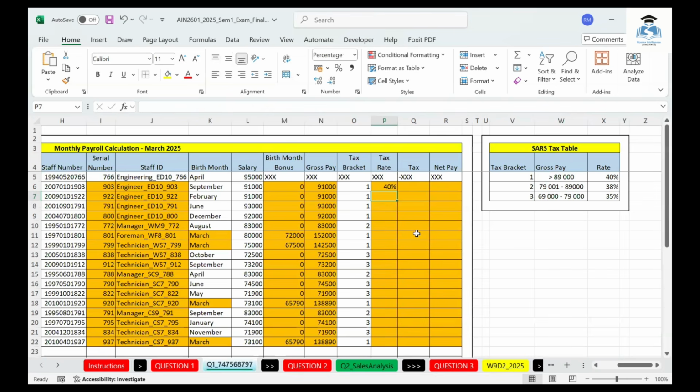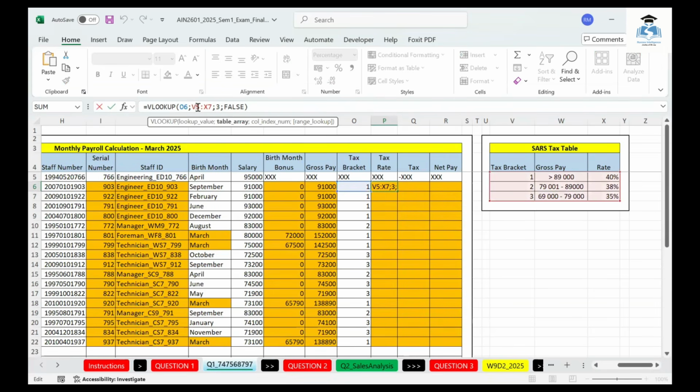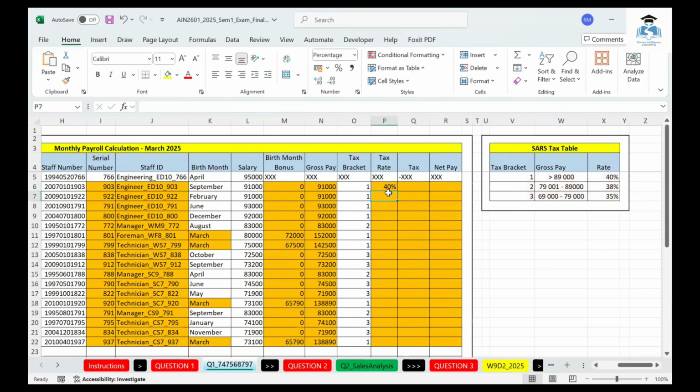So now, which one must we put as absolute? Is this one, V5 and X7? You can even use the entire table here. It's still fine for your range. It doesn't matter. Then you drag.